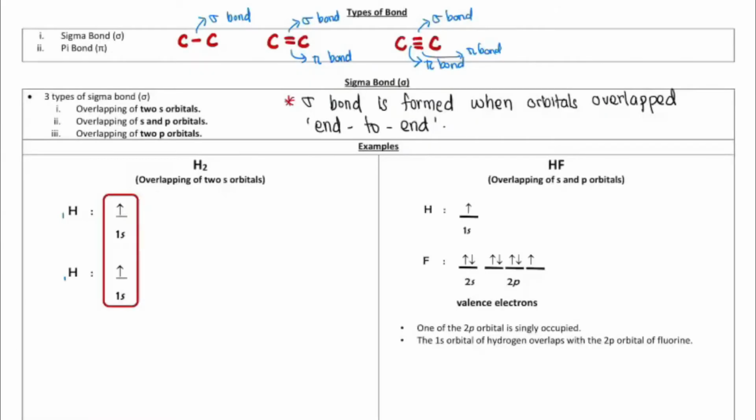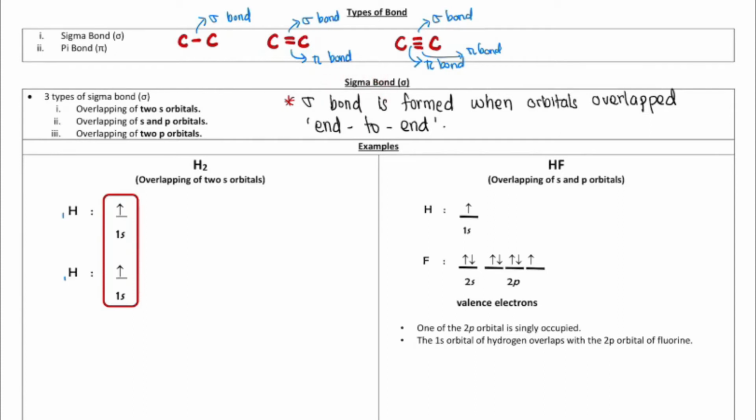Okay, so let us discuss about sigma bond dulu. Okay, so sigma bond can be formed dengan cara overlapping antara two s orbital. That means s orbital with s orbital overlap will produce sigma bond. Or s orbital overlap with p orbital will also produce sigma bond. Or 2p orbital, that means p orbital overlap, then it will also form sigma bond.